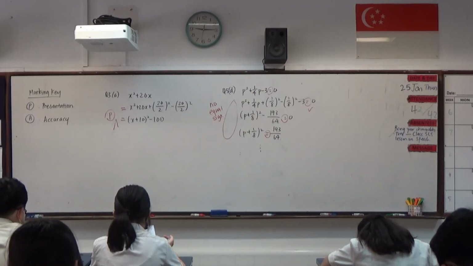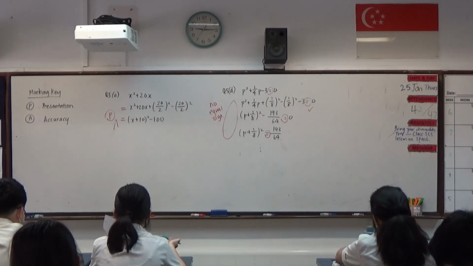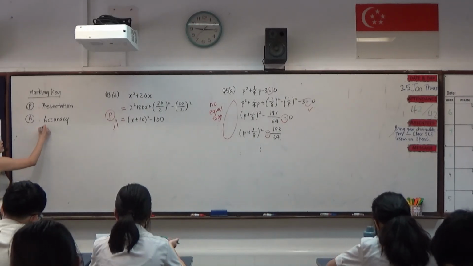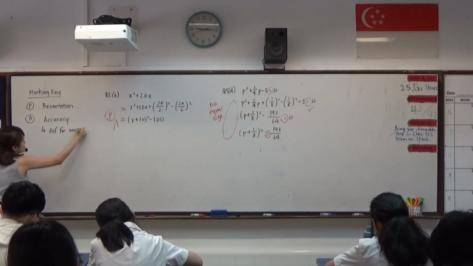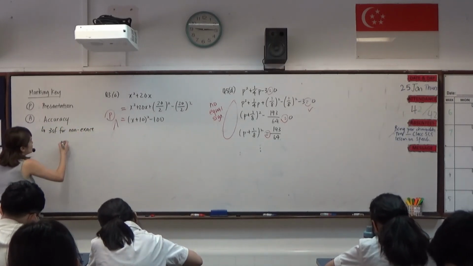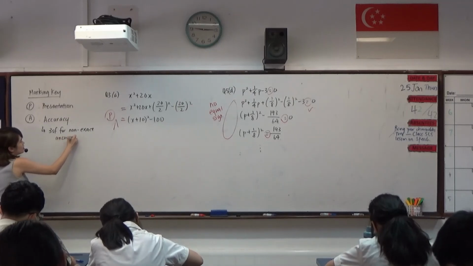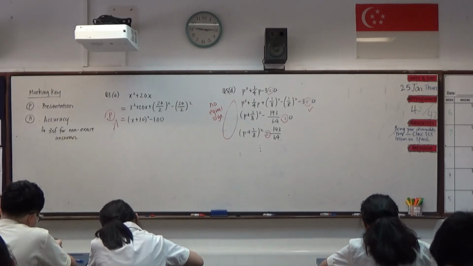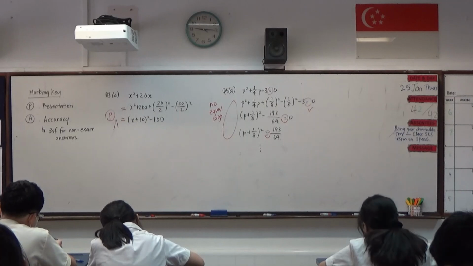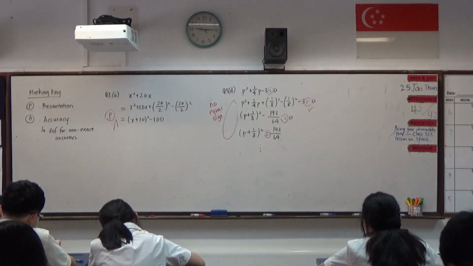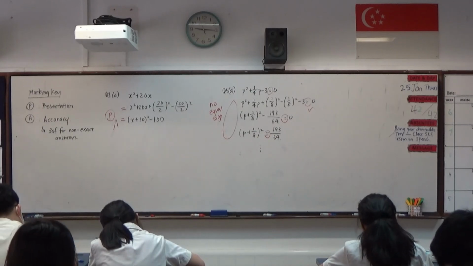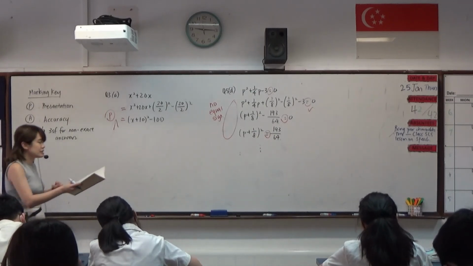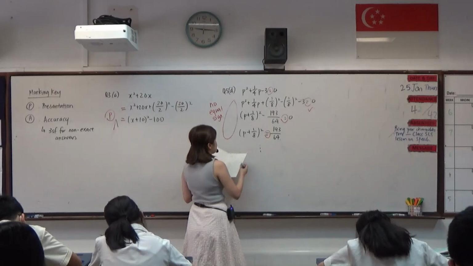So for example, the standard expectation, when a question doesn't state what is the level of accuracy, we always need to treat as 3 SF for non-exact answers. But in some of your questions, for your homework, some of them ask for it to be in 2 decimal places or 1 decimal place. For example, question 5D.